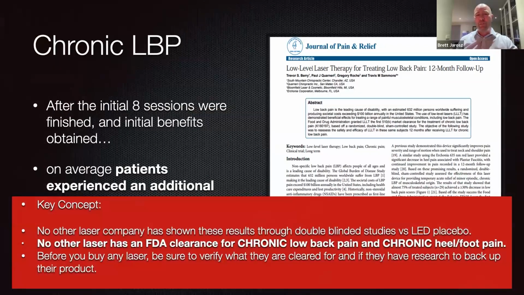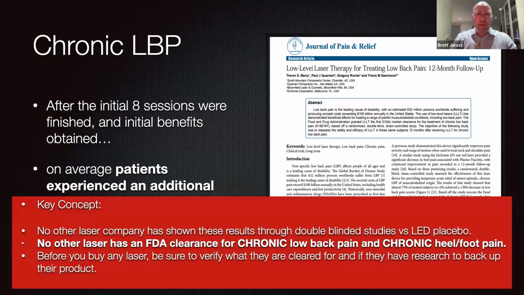But this is where this one's important. I'm a very research and science-based person. And when it comes to Erchonia, these are the people who have done the majority of the research as it relates to low-level laser therapy, LLT. So they invest their money in doing research to find out if their products work or not.